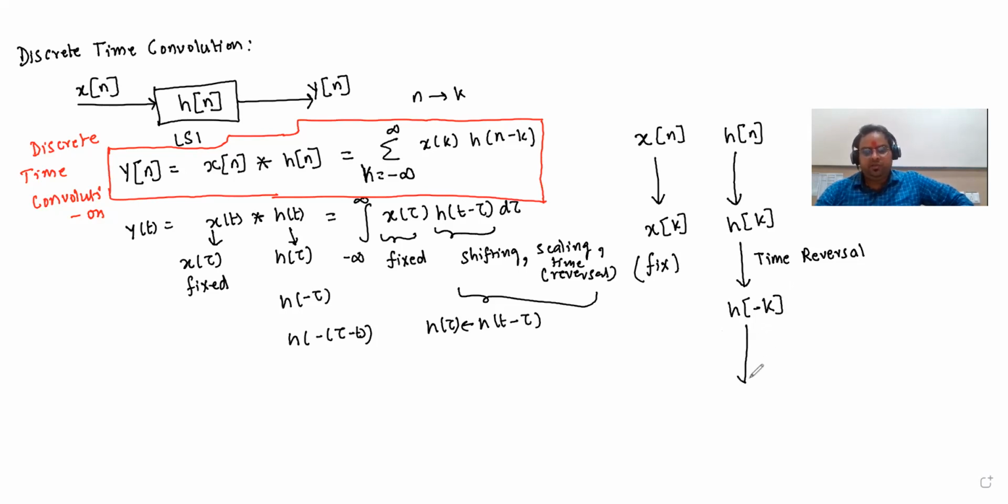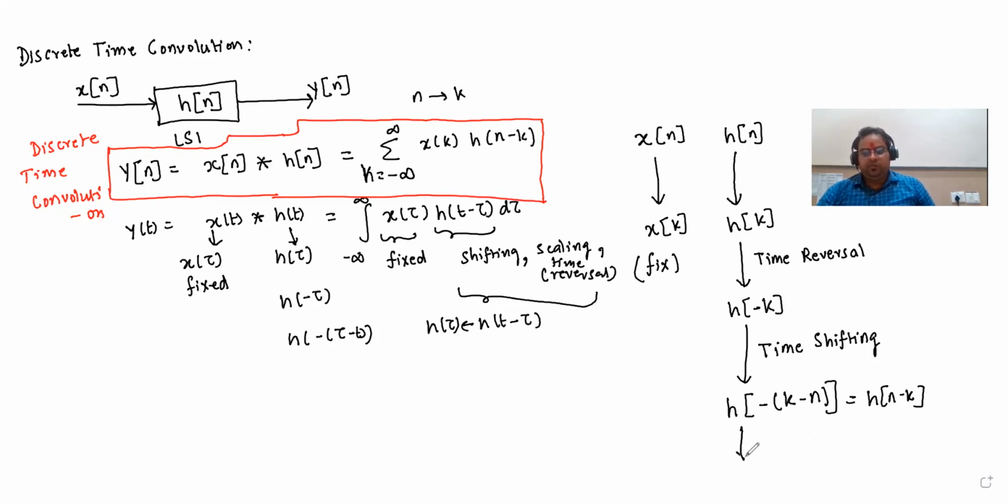The next thing that we do is we perform time shifting, and we shift this signal by n time units, so that it becomes h of n minus k.